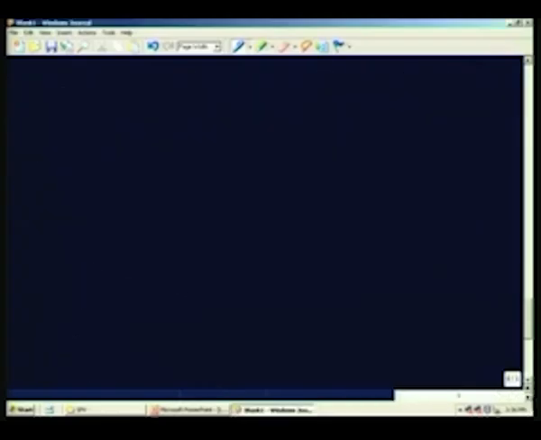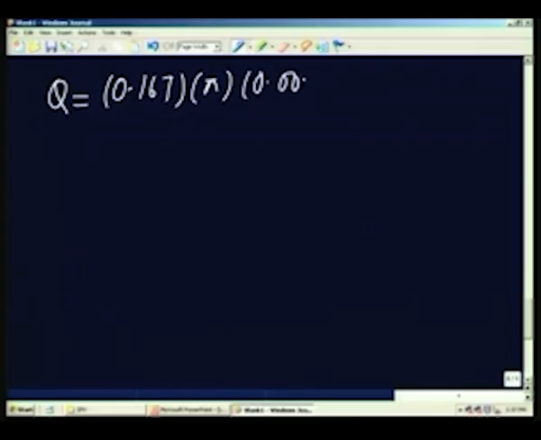And we can substitute. So, Q will be equal to V, which is 0.167 meter per second, multiplied by pi multiplied by 0.003 whole squared by 4.